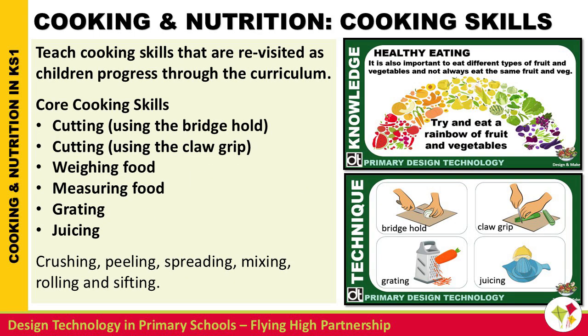As well as understanding the importance of good food safety and hygiene and getting ready and prepared to work with food, children are taught a range of cooking skills that are revisited as children progress through the curriculum.